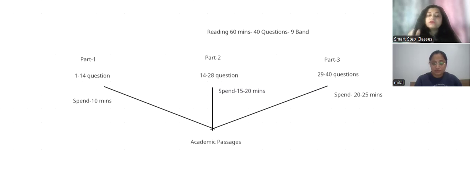When you're self-practicing, give only 15 to 20 minutes for part 2, and for part 3 you're going to give 20 to 25 minutes. Still you will have 5 minutes in hand, so that you can check the spellings, the grammatical range, the clarity, and cross-check certain questions where you have any doubt.